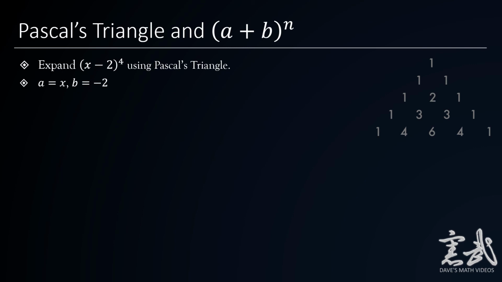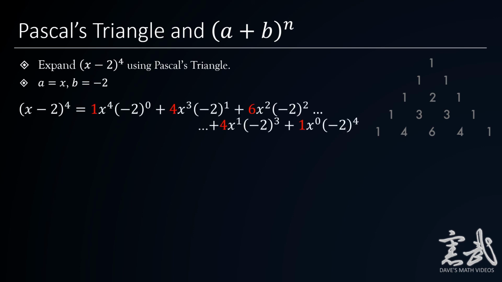Namely, the exponent of a starts at n and decreases by 1 until you get to 0. The exponent associated with b starts at 0 and increases by 1 on each term until you reach n. And the coefficients are equal to the numbers in that nth row of Pascal's triangle.